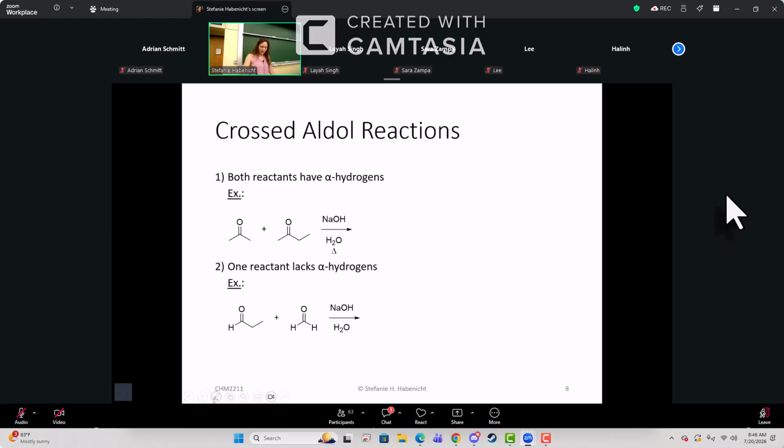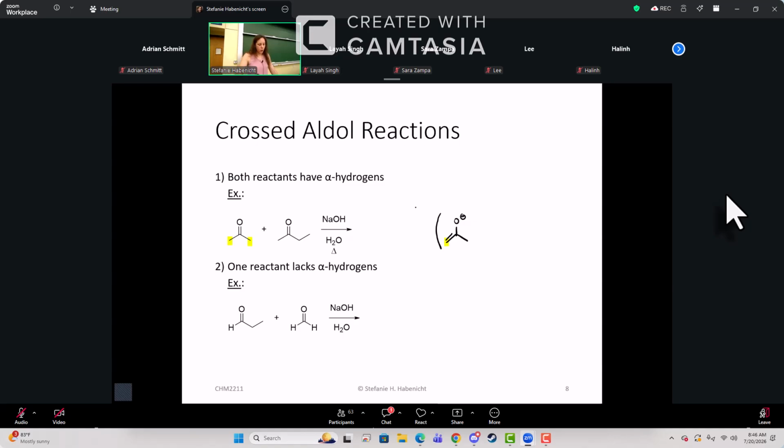We have acetone, which has two equivalent alpha positions. And I'll just sketch the enolate anions that can form on the right side. So there's the one and only enolate that can form from acetone.